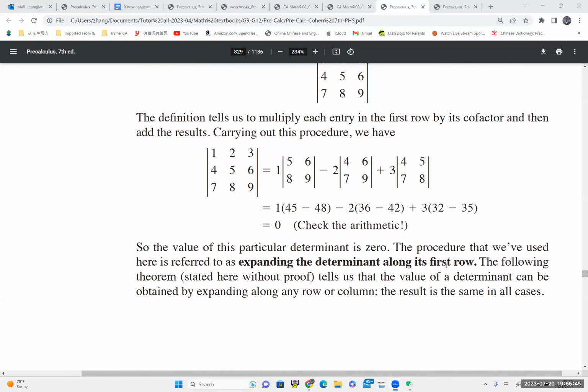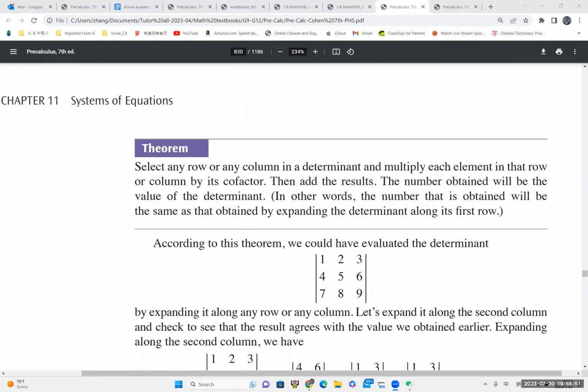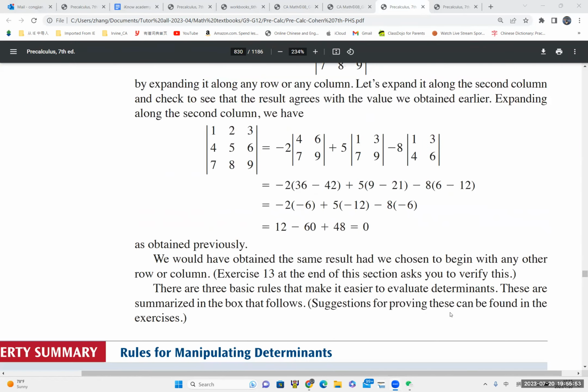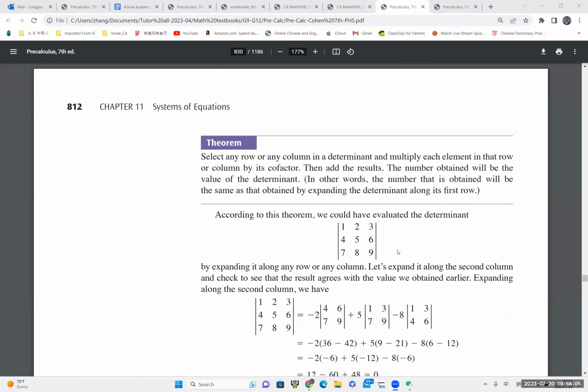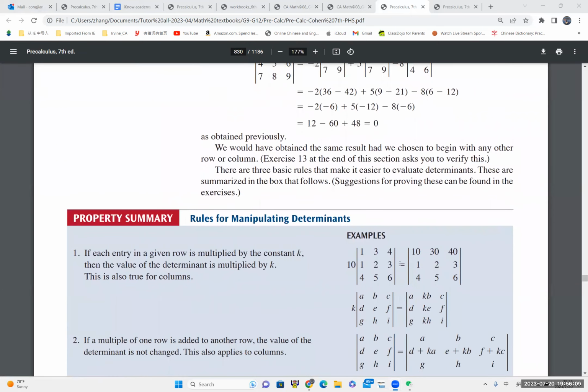Expanding the determinant on its first row. You don't really need to worry about how to find the determinant, because if you read here carefully, of course you can know how to do it. But we want to focus on why we need this determinant.